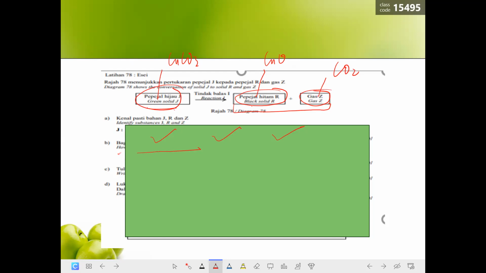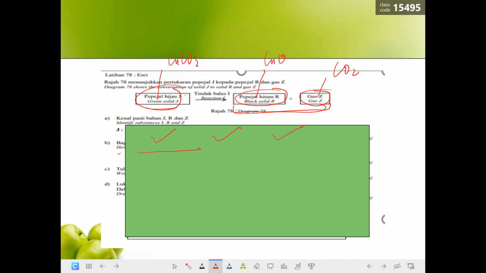So what equation? Changing copper carbonate to my black solid and gas Z. Isn't it just heated up? Yeah, correct. But there's an equation to it.